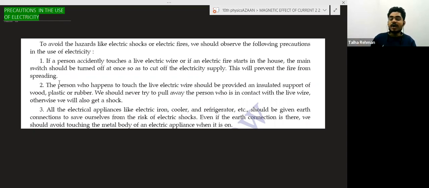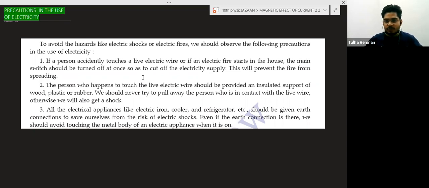So what I will do, I will switch off the main electric supply. There is a main electric supply for each and every home.